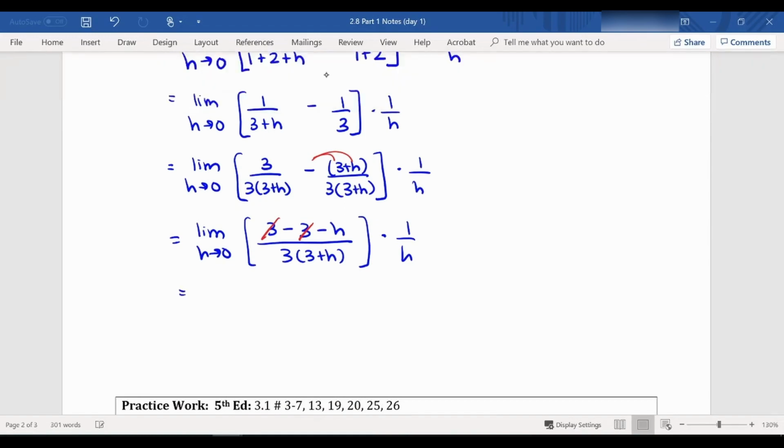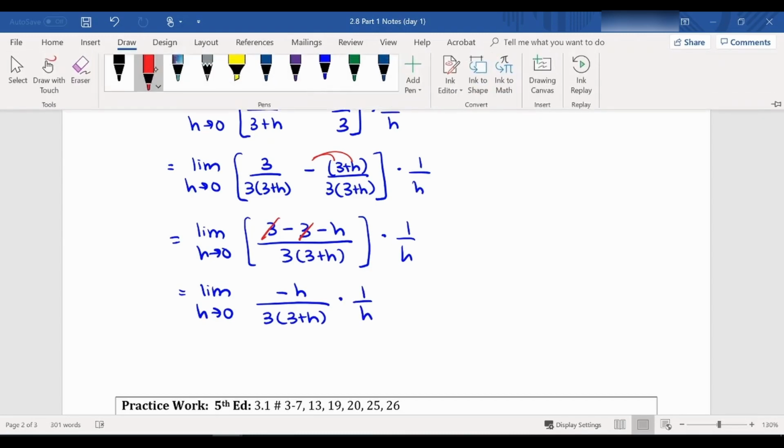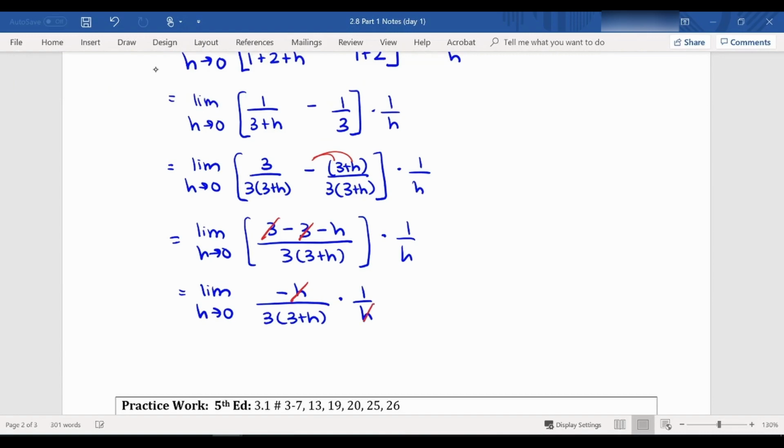And then I end up with the limit as h goes to 0 of negative h all over 3 times 3 plus h, times 1 over h. And then you'll see the h from the top and the h that was originally on the bottom the whole time cancel out.